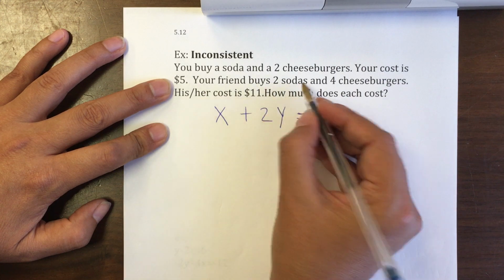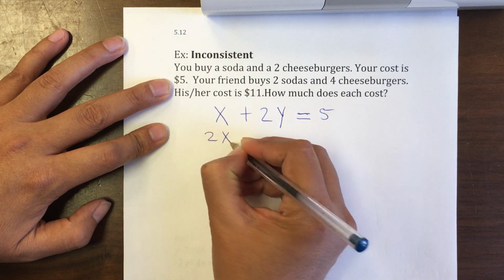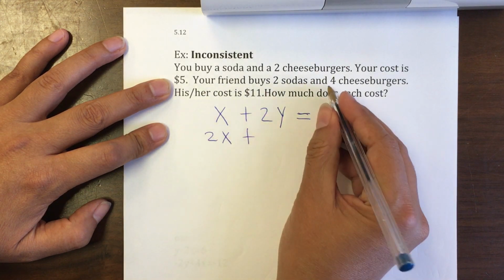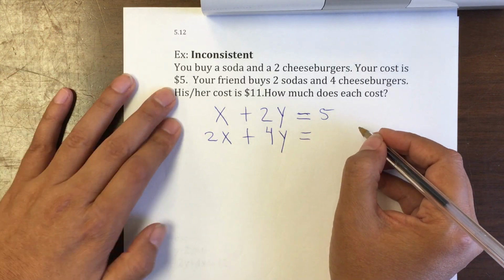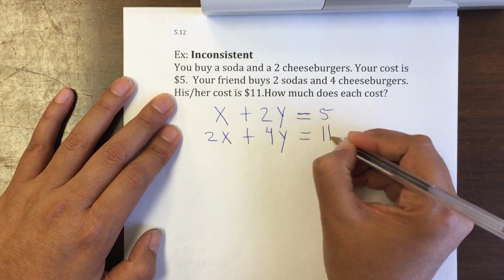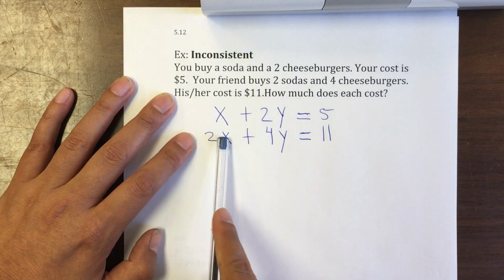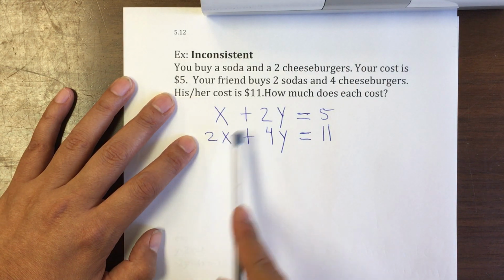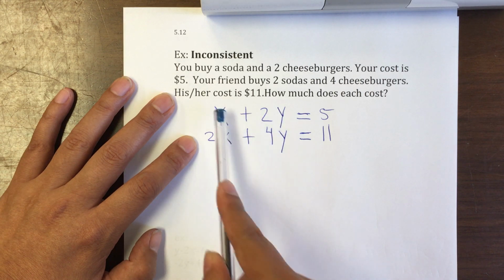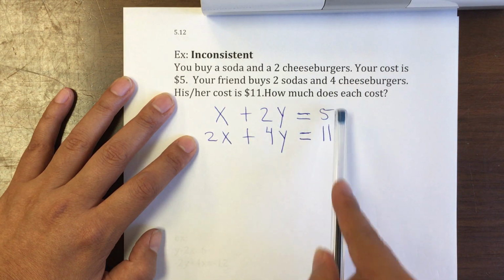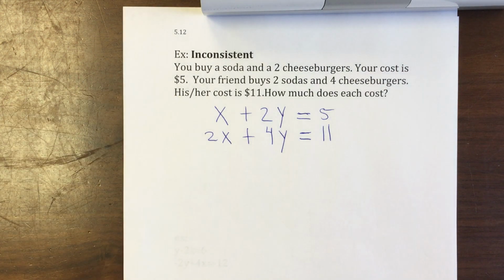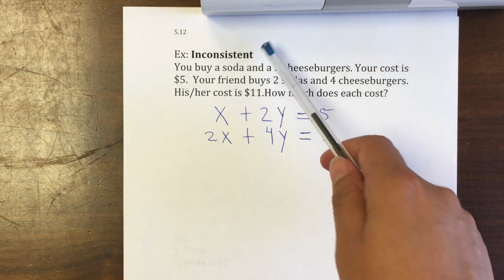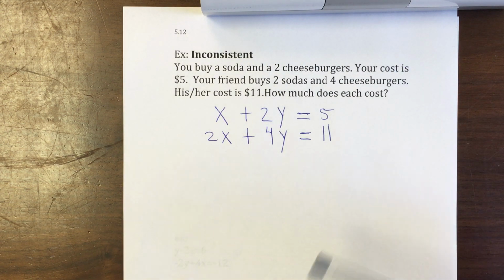Your friend buys 2 sodas and 4 cheeseburgers, and his or her cost is $11. If you notice, you're doubling the order, but then the price doesn't just double. In fact, it goes a little above that. So that's what it means inconsistent, and once we solve it, you will see what it means, okay?